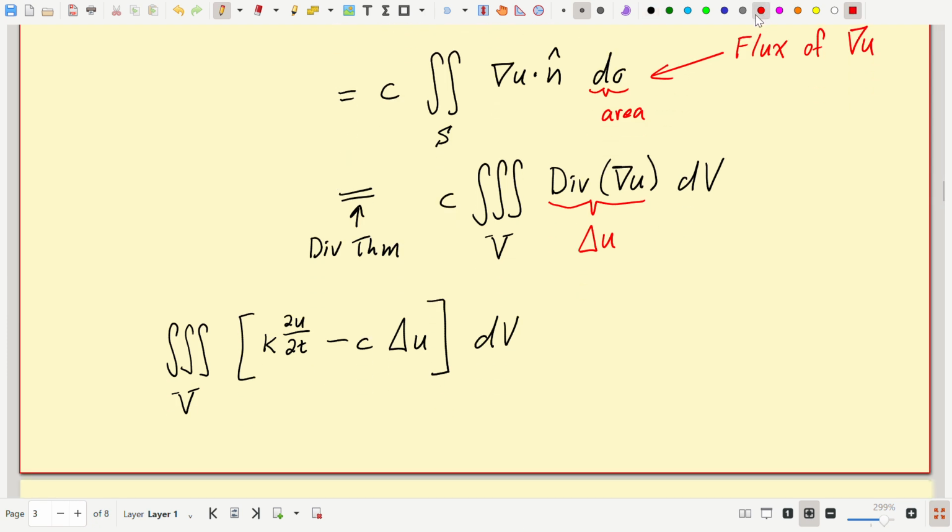And you conclude by exactly the same reasoning that this must be 0 because the control volume is arbitrary. If you found a spot where it wasn't 0, you'd make a little ball go in that little spot and show that, oops, that couldn't possibly be 0.